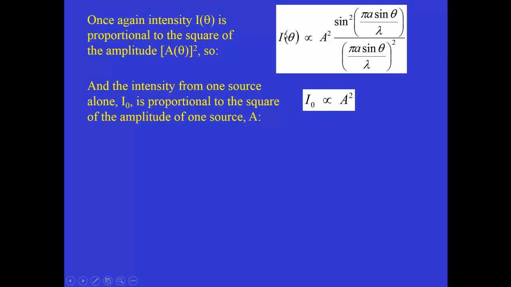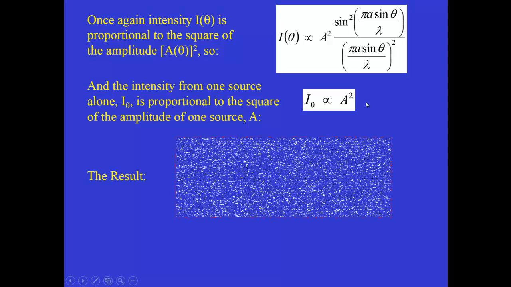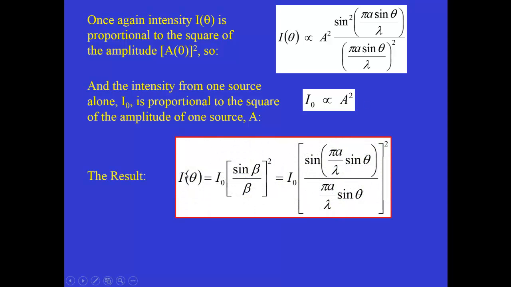Then we can divide these two terms out, and we can express I of theta over I0 and get just this term that involves the square of the sine function and then the square of the argument. So the result here is that the intensity as a function of theta is equal to I0 times this bracketed term squared.